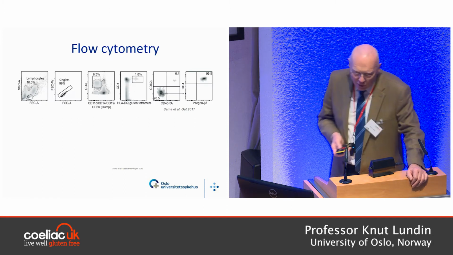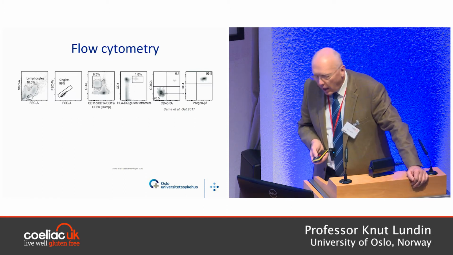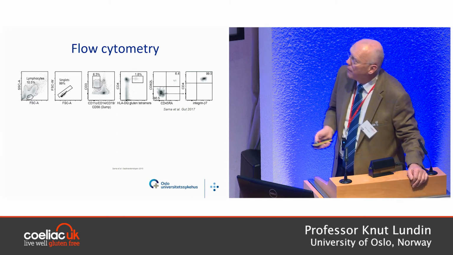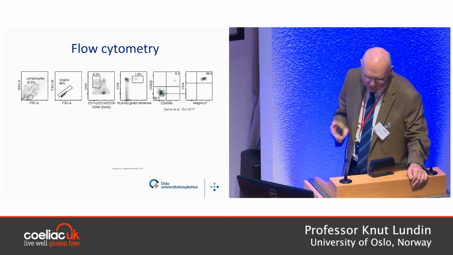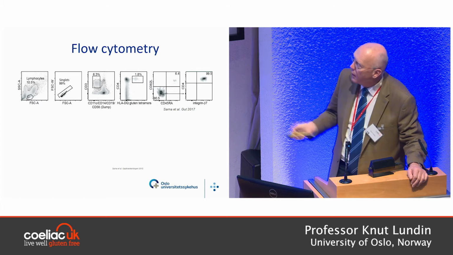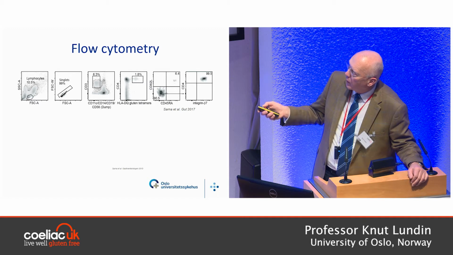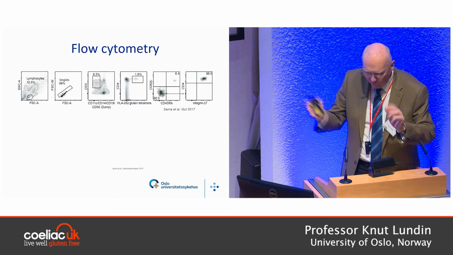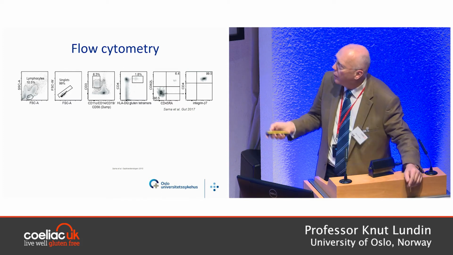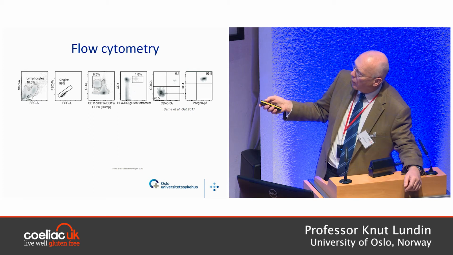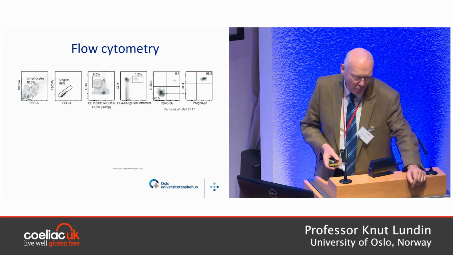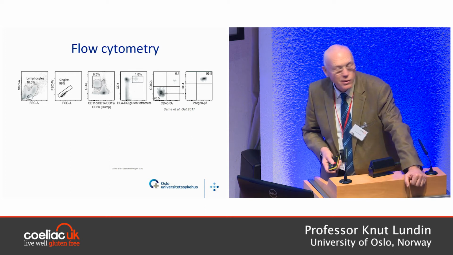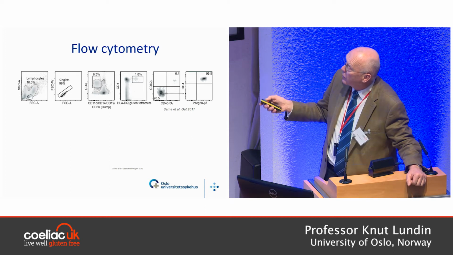Flow cytometry, most of you may have heard about it. You take a sample of cells from blood or from a biopsy, you chop them up, and you can run them in a machine, divide them, separate them, and pick out the lymphocytes. Typically from a blood sample, this is 10.5% lymphocytes. You can take away singlet cells.